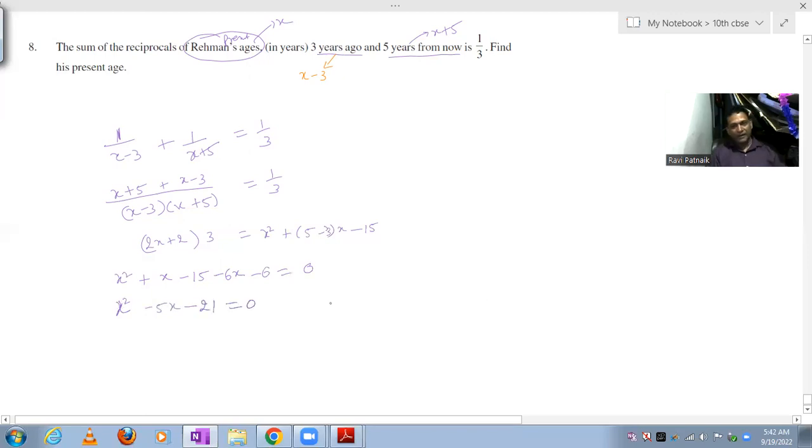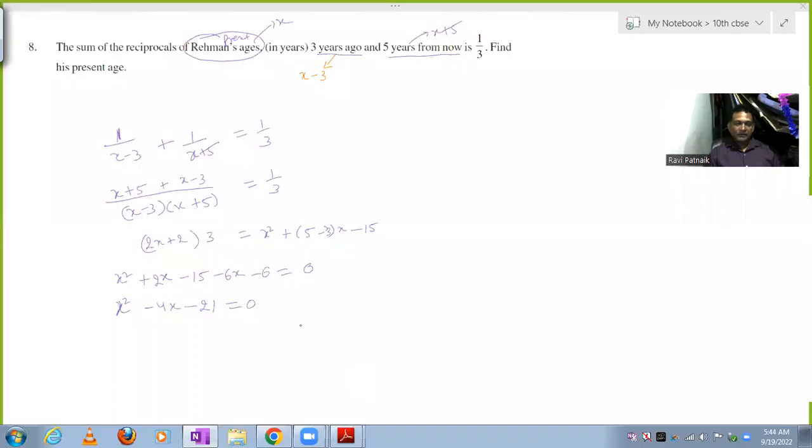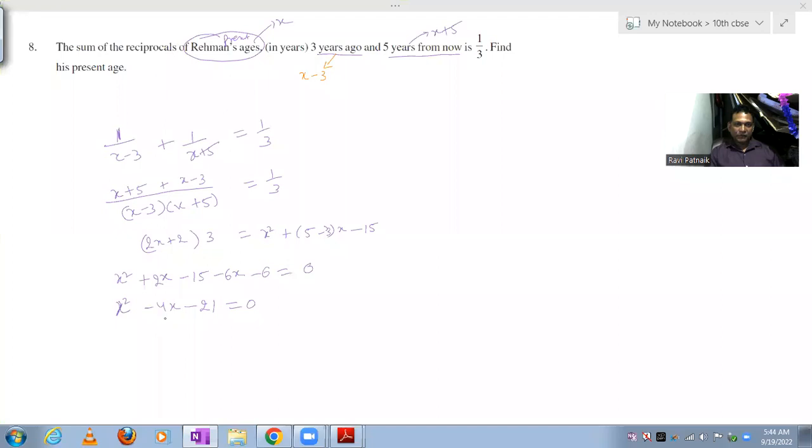From here, apply the formula, you will get the answer, right? This is x square plus 2x minus 15 and minus 6x minus 6 will come. This means x square minus 4x minus 21 is equal to 0. Then after applying the formula, you will get the answer, right?